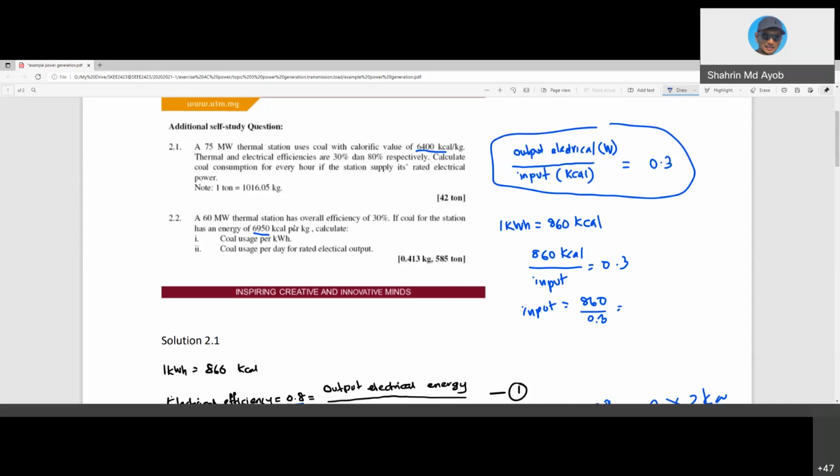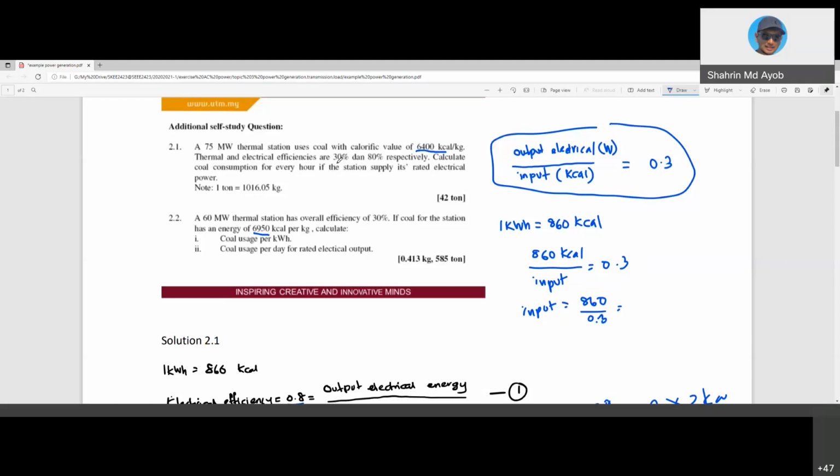Can someone calculate for me? One of your friends asked me: yes, we can cancel the hour because this is hourly base, that's why we can cancel.